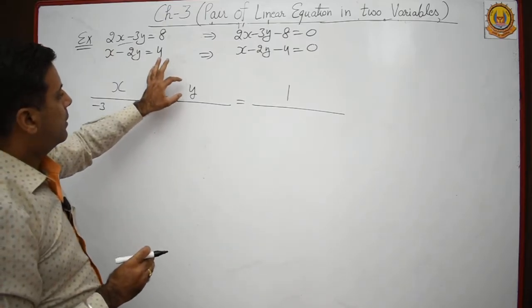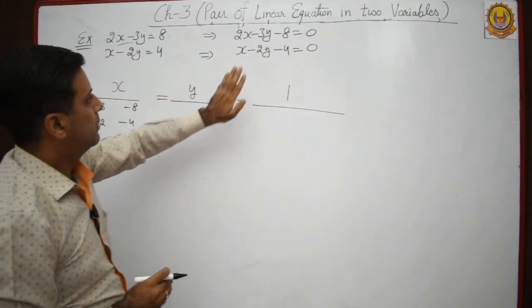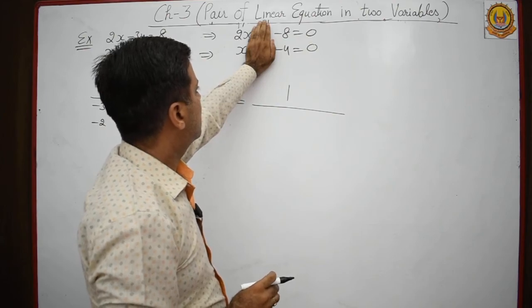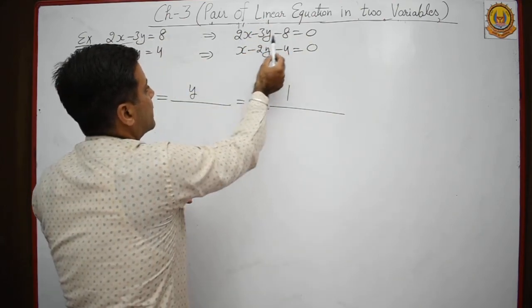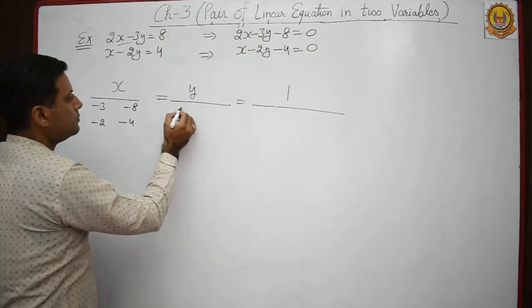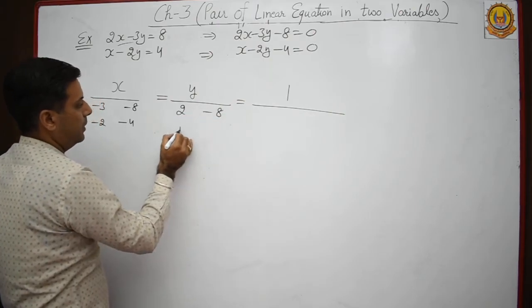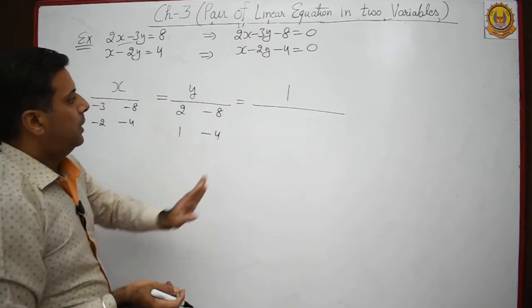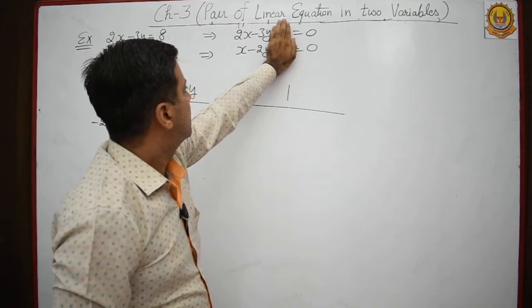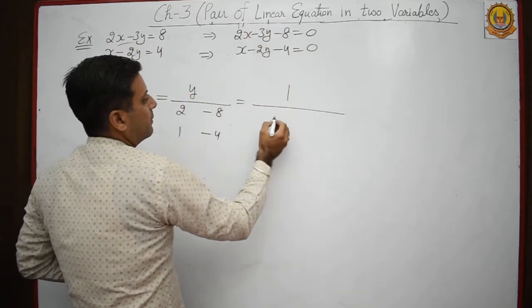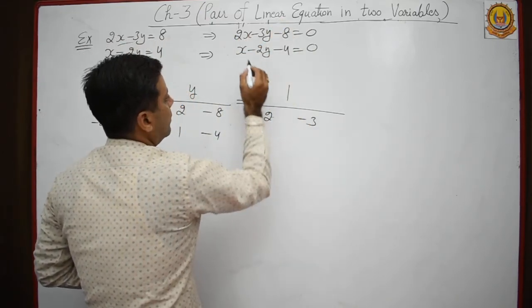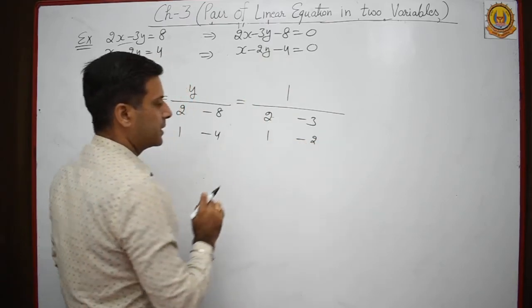Similarly below y, put your hand like this and now take the coefficients 2 minus 8, 1 minus 4. 2 minus 8, 1 minus 4. And now for the constant terms, the coefficients you have are 2 minus 3, 1 minus 2, like this.